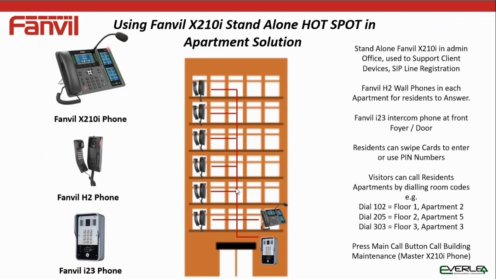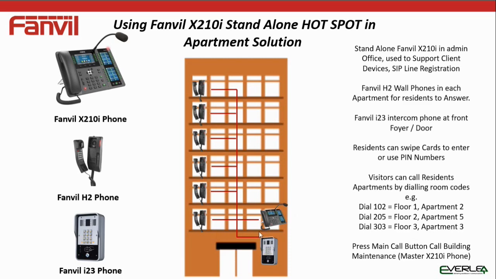Okay, where we're going to use this puppy. We could use it for a building, and the building simply has, in this case, an I-23. The I-23 we actually use a lot in locked buildings, multi-story apartments, particularly in healthcare.